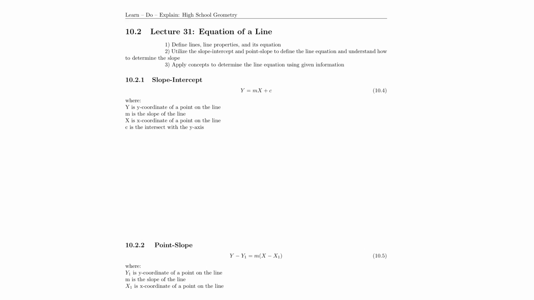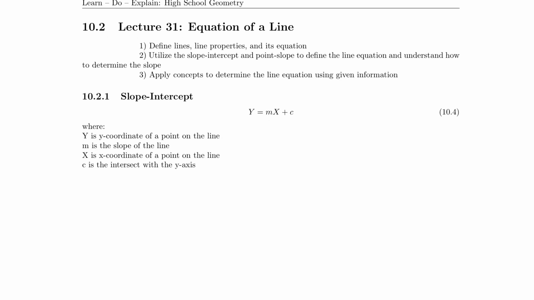The first one will be the slope-intercept equation. This equation says that y is equal to m times x plus c. What does this mean? Y is the y coordinate of a point in that line, any point on the line that we are defining. M is the slope of the line. Later on in this lecture, we're going to talk about the slope.